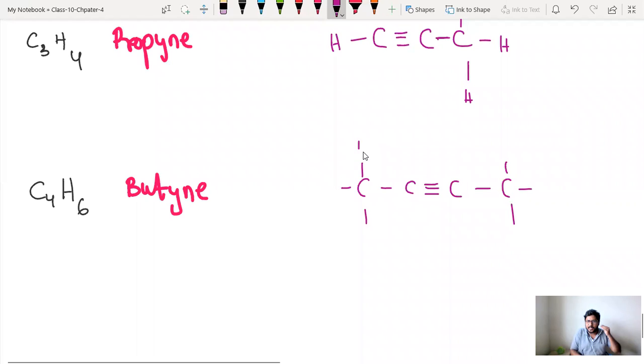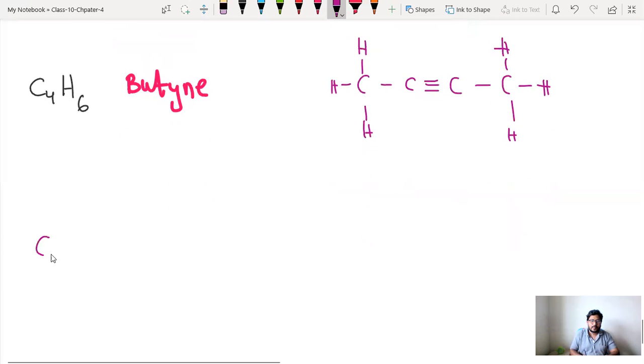Now if you draw hydrogens, 1, 2, 3, 4, 5, 6. How many hydrogens? 6. How many carbons? 4. Same like that, please do for C5H8 and C6H10. Only one triple bond, remaining single bonds, count valency, draw the remaining valencies, represent hydrogens, that's it.